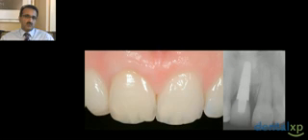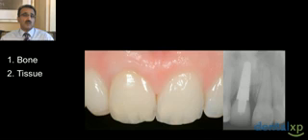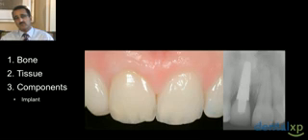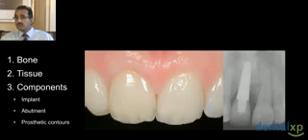So what are we dealing with in terms of implants in the aesthetic zone? Of course, we're thinking about bone, a key issue. We're thinking about soft tissues, and we have to manage those. And we've got very important components that we have to play with. The key thing is that we're dealing with bone, tissue, and components.